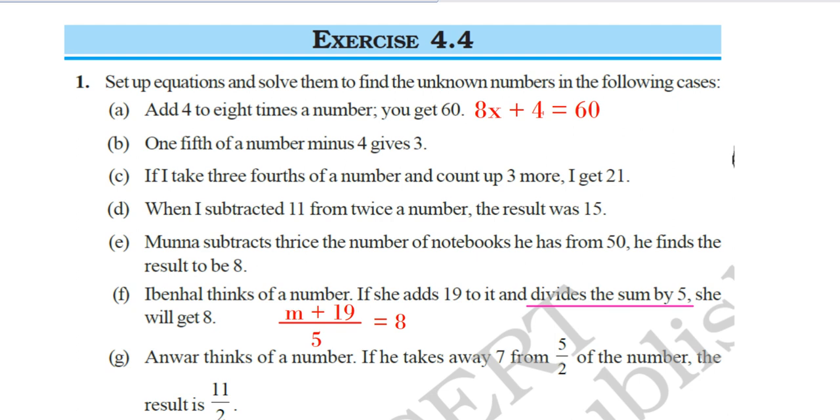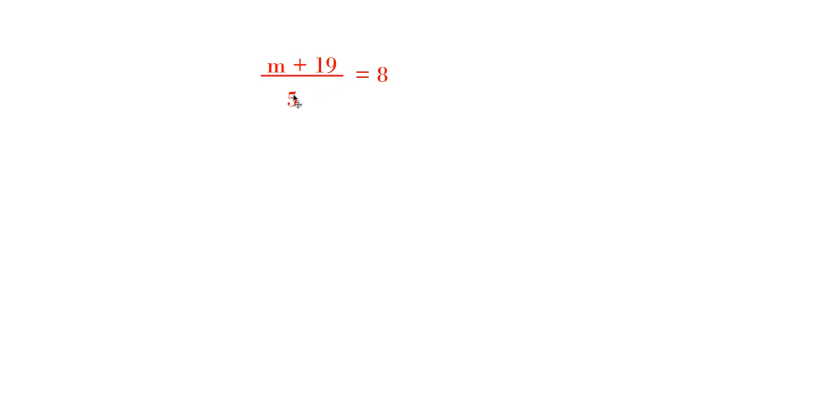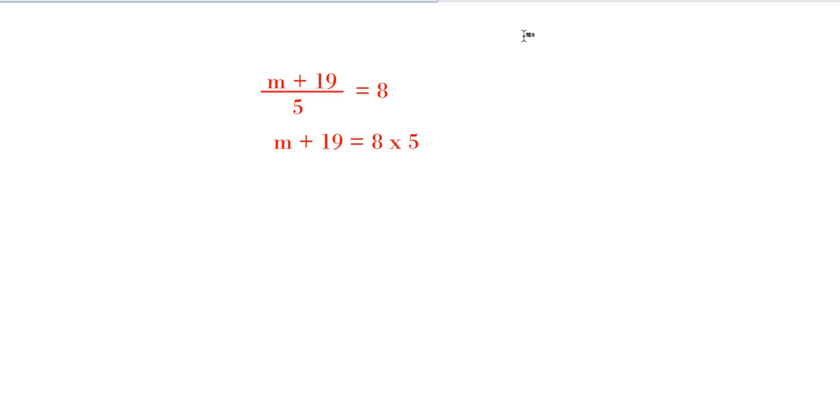Now how will you solve this one? First, you transpose this 5 to the other side. So divided by 5 will be multiplied by 5. So the next step is m plus 19 is equal to 8 into 5. That is m plus 19 is equal to 40, as 8 fives are 40. Now you transpose 19, you will get the answer.